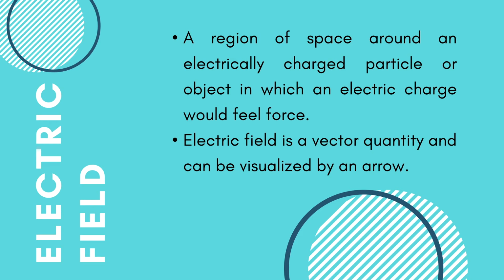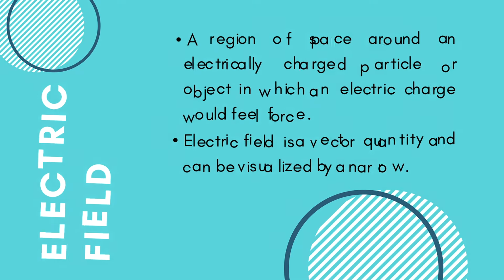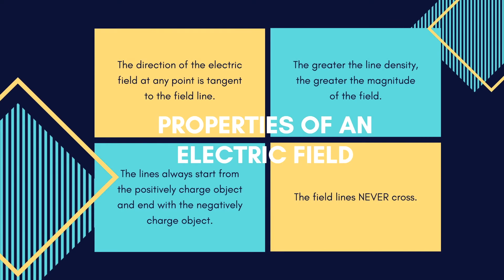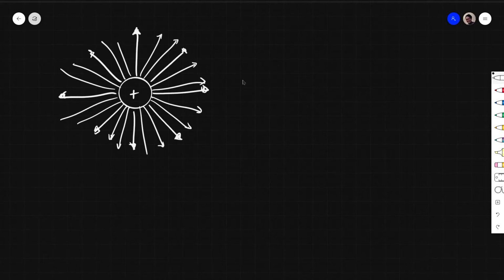So we're going to define electric field by looking at the definition here, and the properties. Field lines are actually the space where an electric field is placed. Let's say I'm going to place the electric field on this particular space.